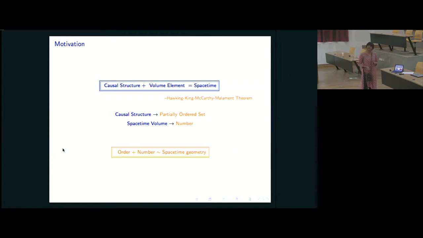And it turns out that under very weak causality conditions, you can show that the causal structure, just this partially ordered set, which is the manifold stripped of everything except the set of events and the order relation, contains 9/10 of the metric. I'm saying 9/10 because I'm thinking of four-dimensional spacetime. Basically everything but one degree of freedom, and that remaining degree of freedom is a conformal factor or the local volume element. If you put these two things together, you get spacetime.